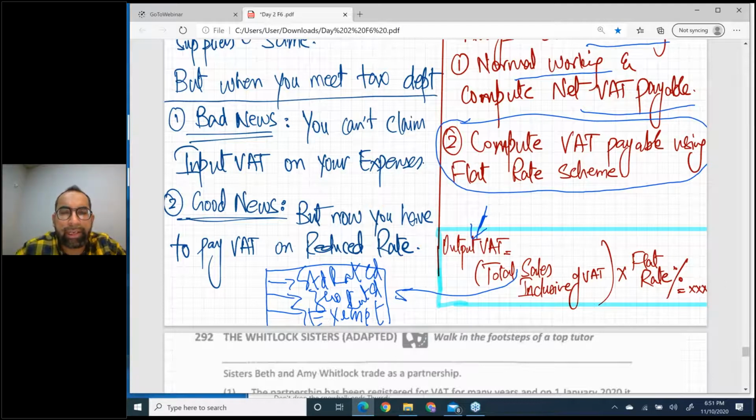Although I know, and you also know, that we haven't collected any output VAT on zero rated and exempt sales, yes, you have to include them here, because the flat rate is basically a reduced rate. So output VAT in the flat rate scheme is total sales inclusive of VAT multiplied by the flat rate percentage.